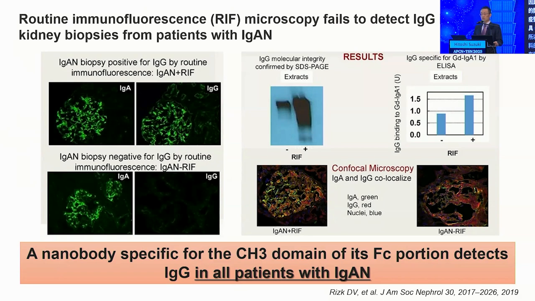This extracted IgG bound to the Gd-IgA1. And also, a nanobody specific for the CH3 domain on its Fc portion detected IgG in all patients with IgA nephropathy. If it is true, the IgG just activated the complement system.